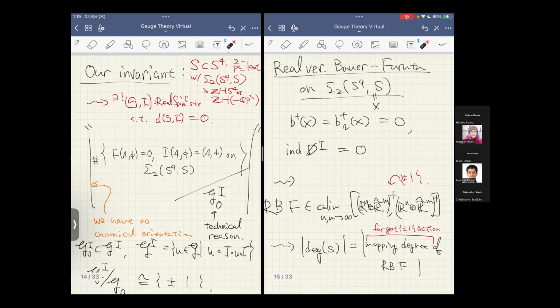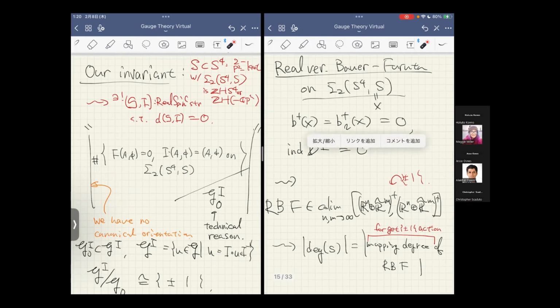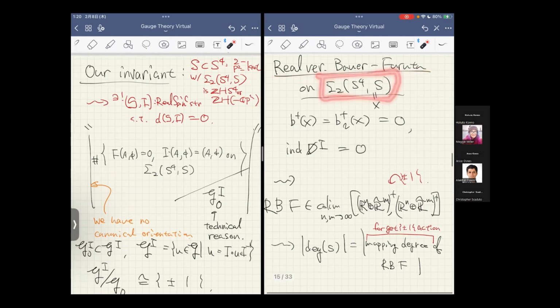Here is an alternative definition of our invariant. We can construct a real version of the Bauer-Furuta invariant on this four-manifold with involution.